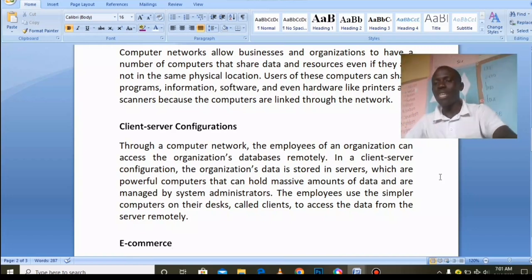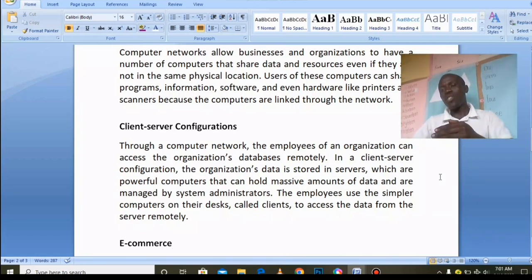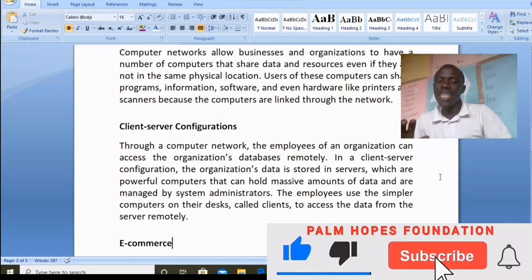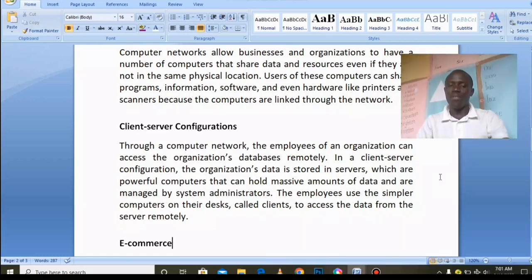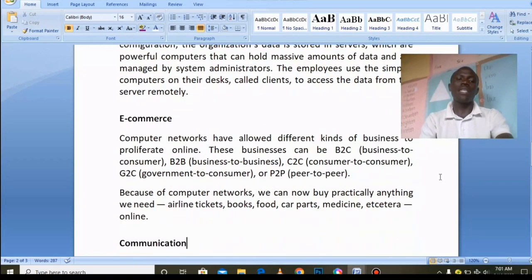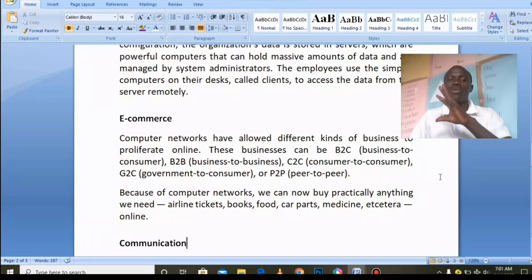They first make it down, then they work on the system remotely. After finishing, they upload it back to the system that is online. So the employees use the simpler computers on their desks called the clients to access the data from the server remotely.